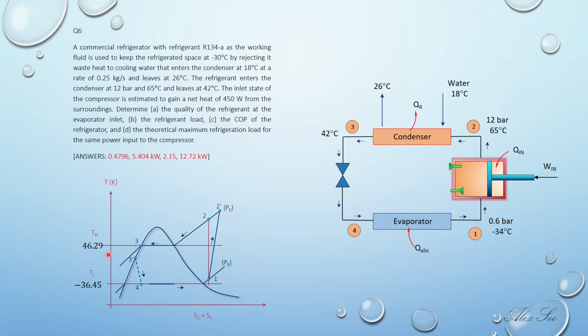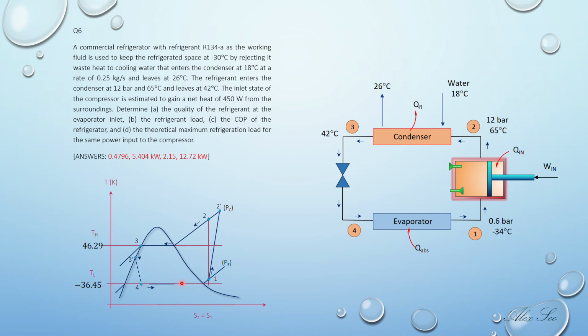The saturation temperature is -36.45 degrees C. If it is at -34, that means point 1 is automatically superheated, since that is higher than -36.45.